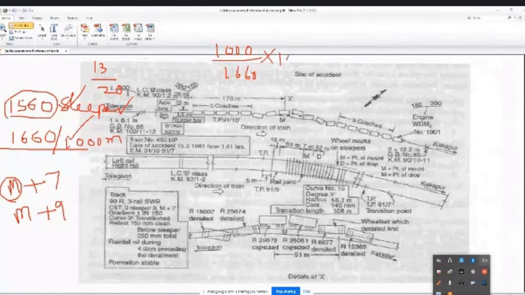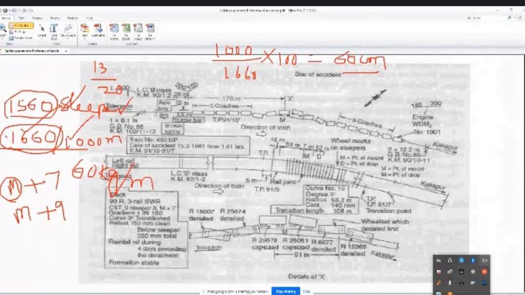So 60 centimeters, if it is 60 centimeters, the sleeper density is called 1660 sleepers. The Railway Board insists on all our track people that on 60 kg rails you follow 1660 sleepers.